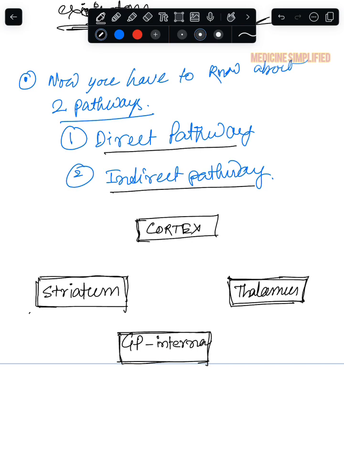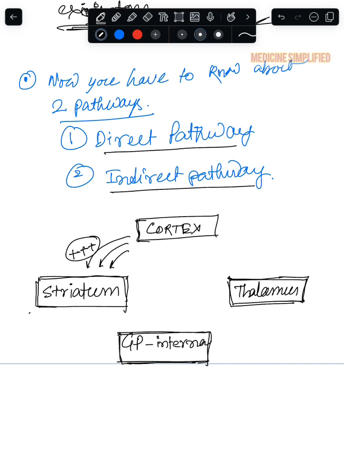According to rule number 1, the excitatory stimulus comes from cortex to striatum, and striatum gets excited. According to rule number 2, all the outputs from basal ganglia come out through globus pallidus interna.